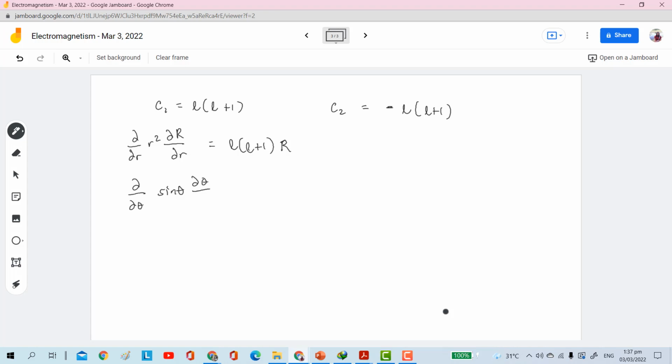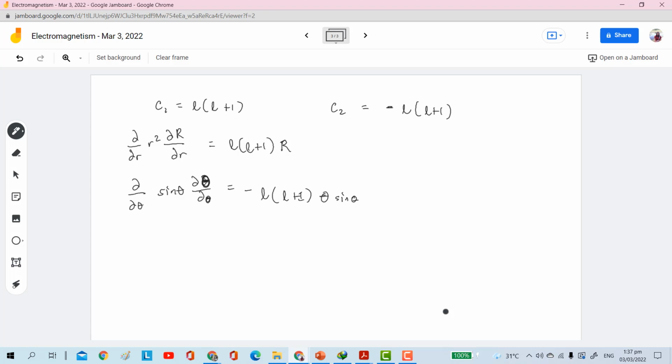d theta d. This is a different theta, class. This is big theta, this one is our variable theta. And this is equal to minus L multiplied by L plus 1. And then the factor here, it's theta sine theta, so we will transfer it here.